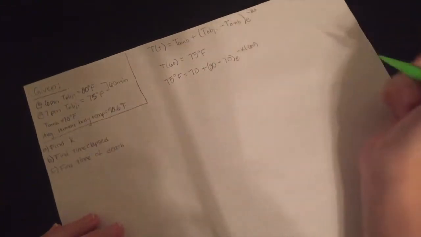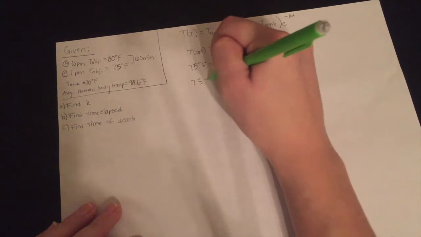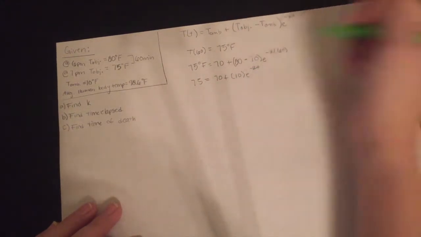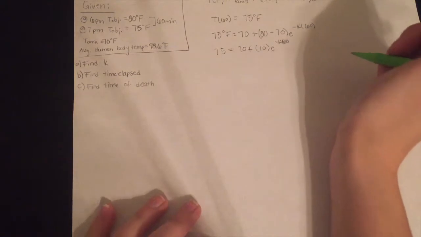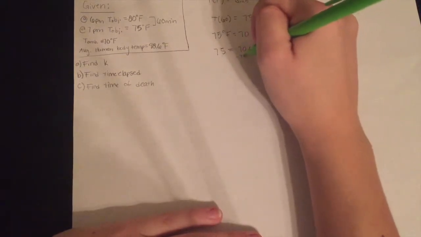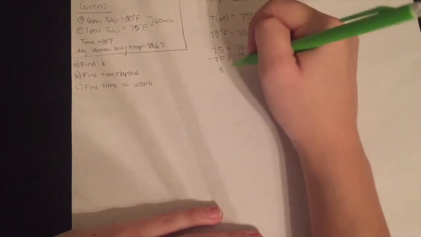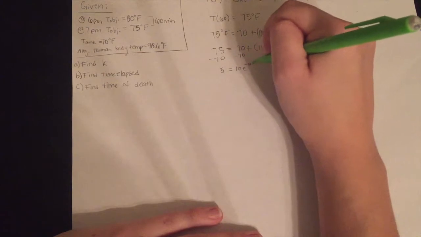Next, we have to add what's in the parentheses first, and that's going to be 10. So if we rewrite the equation, it's going to be 70 plus 10e to the negative kt, where t is 60. Next we subtract 70 from each side, and that's going to be 5 on this side, and that's going to equal 10e to the negative 60 times k.